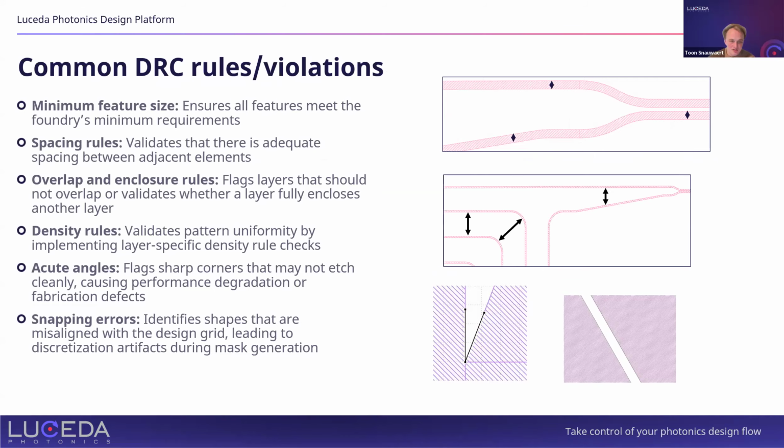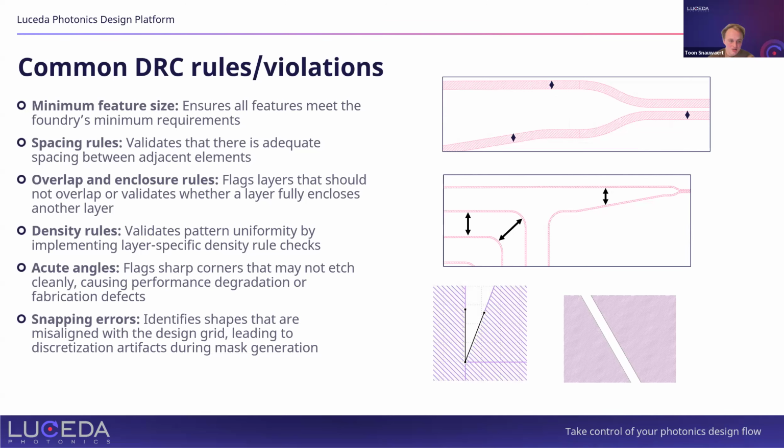Here is a list of common DRC rules that can occur. This is not a complete list. One of them is minimum feature size. You have to make sure that all the feature sizes meet the Foundry's minimum requirements. Then rules about spacing between waveguides, rules about overlap of layers and enclosure of layers.